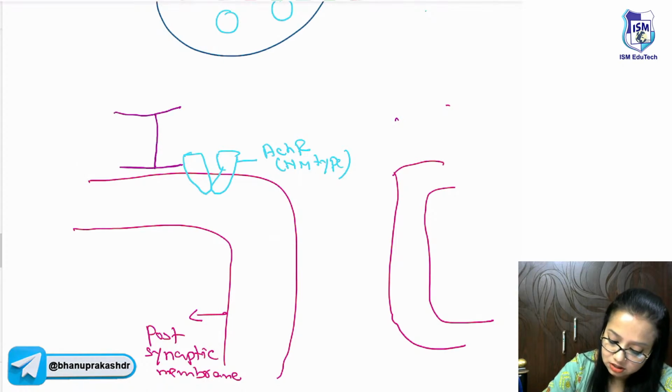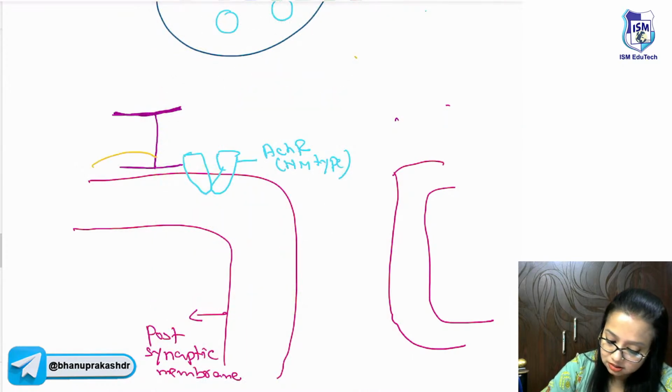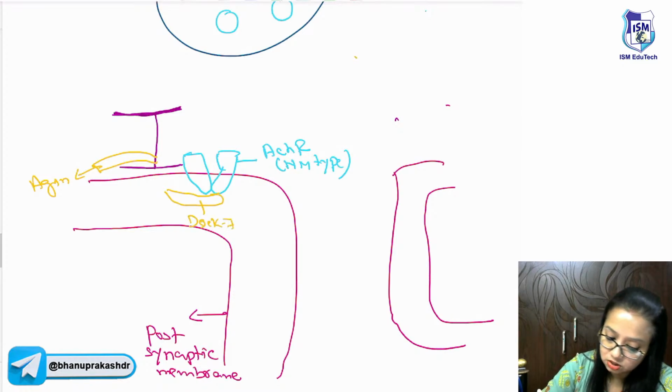Obviously it has collagen, and proteins like agrin, then there is dock protein for the docking purpose, for the stability purpose.